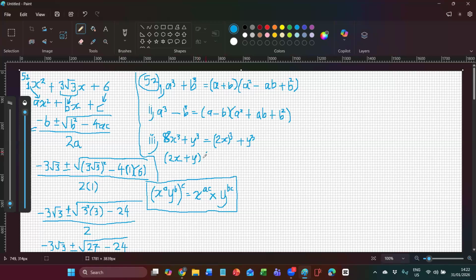And then the second one is going to be 4x squared, because when you square 2x, that's what you have. 4x squared minus AB. So in this case, that's 2xy.